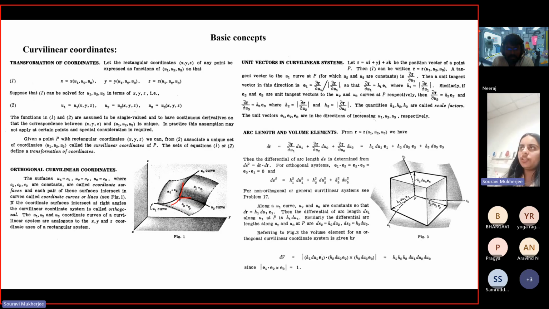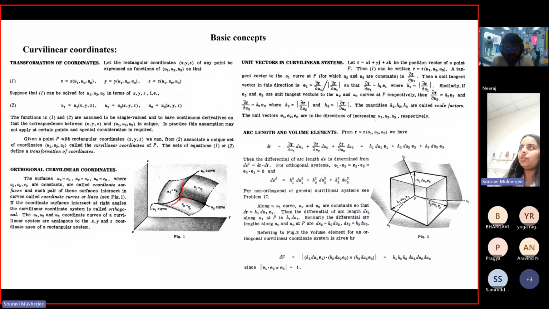The tangent is nothing but how your vector changes along this line. Suppose you take the tangent in this direction, along the u1 curve. Along the u1 curve, your u2 and u3 do not change. So you're looking at the change of r with u1, so you take the partial derivative del r del u1.